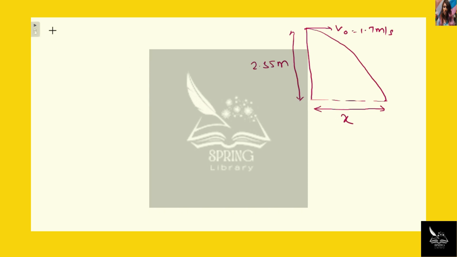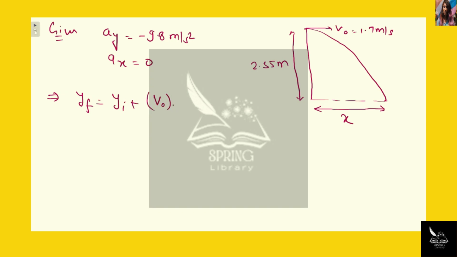For this question, the acceleration in the vertical direction is ay equals minus 9.8 meters per second squared, in the downward direction, and the acceleration in the horizontal direction is 0. First I use the equation for vertical motion: yf equals y initial plus initial velocity in y direction times t plus half ay t squared.